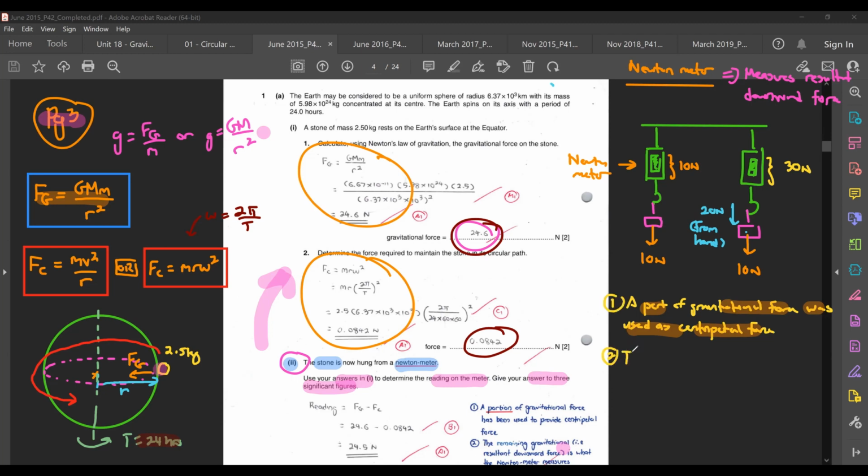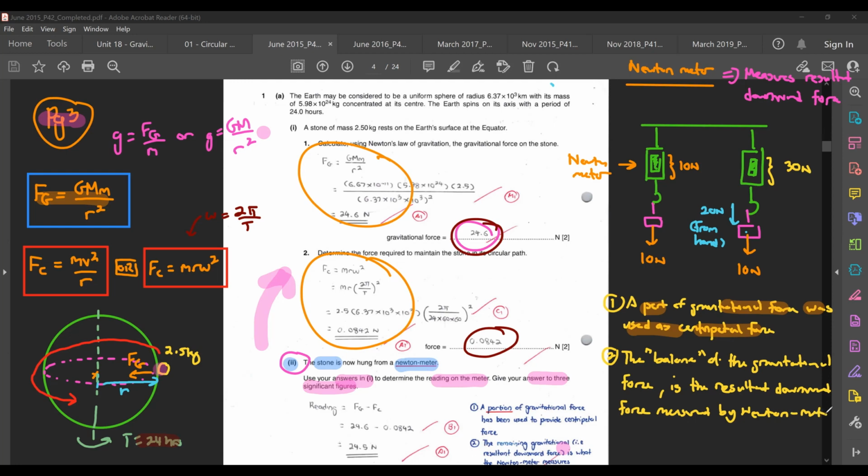So the balance of the gravitational force is the resultant downward force measured by the Newton meter.